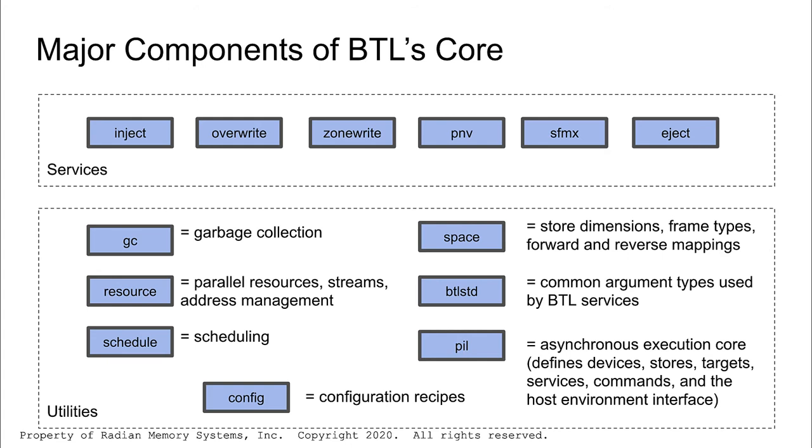And so we have GC for garbage collection, resource for the handling of parallel subsets of namespaces for write streams and for address management, schedule for scheduling, config for configuration specifications, space for dimensions of stores, frame types, and various address mapping abstractions, BTL STD for standard argument types used in the individual requests and for service request APIs, and PIL, as mentioned, for several more fundamental types and for the asynchronous execution engine that BTL is based on.